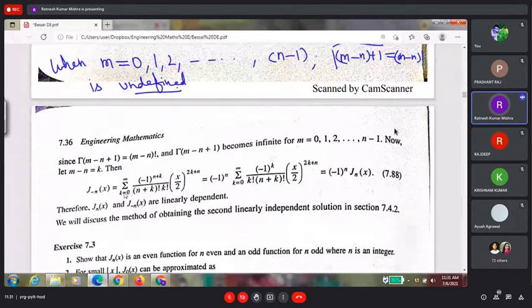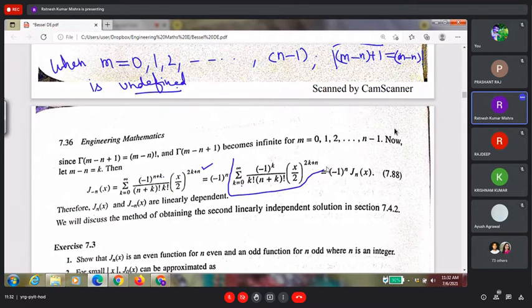So J minus n is minus 1 to the power n plus k, factorial k, x by 2 to the power 2k plus n. Now take the minus 1 to the power n common, because this varies from k equal to 0 to infinity, so this does not depend on n. So minus 1 power n, sum over k equal to 0 to infinity, minus 1 to the power k, factorial n plus k, x by 2 to the power 2k plus n.